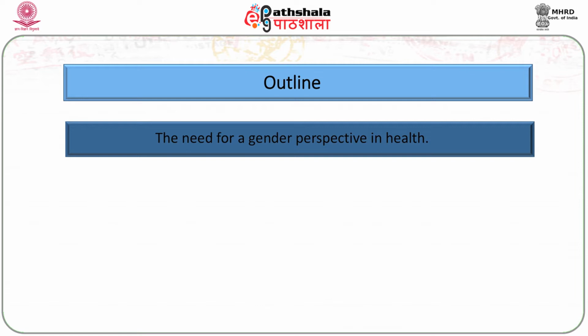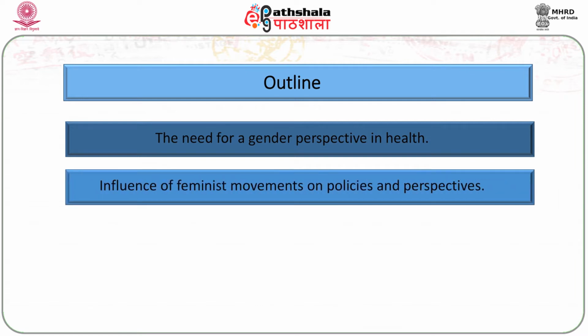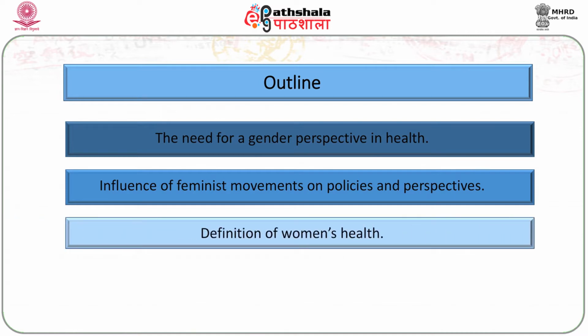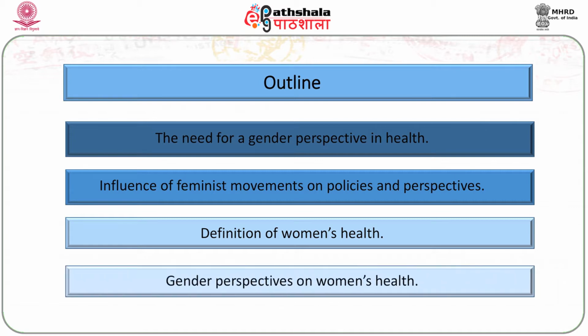Point number 2 is the influence of feminist movements on policies and perspectives. What were their contributions? What did they campaign for? What did they achieve? Number 3, a clear definition of what constitutes women's health. Number 4, gender perspectives on women's health.